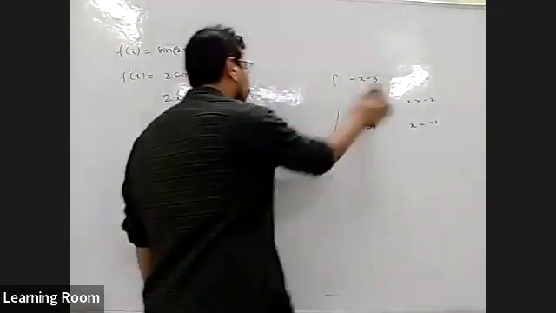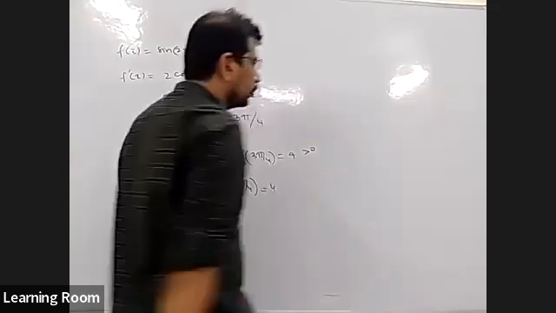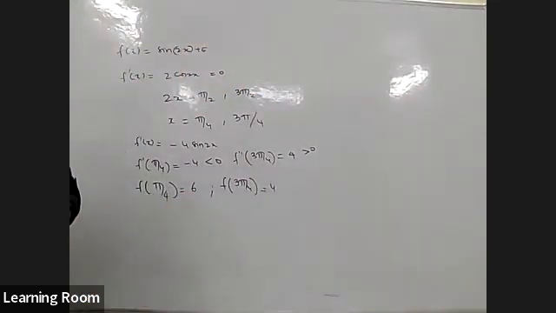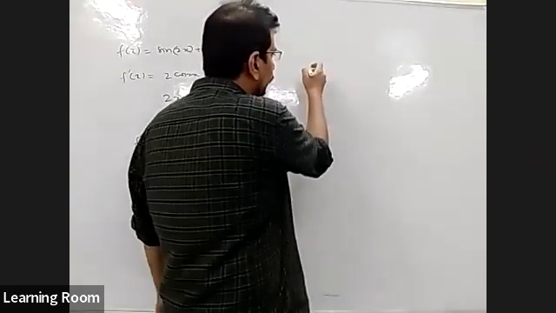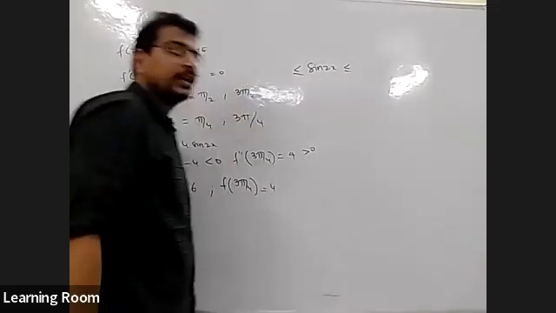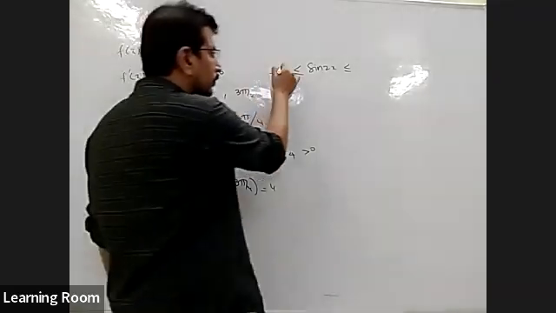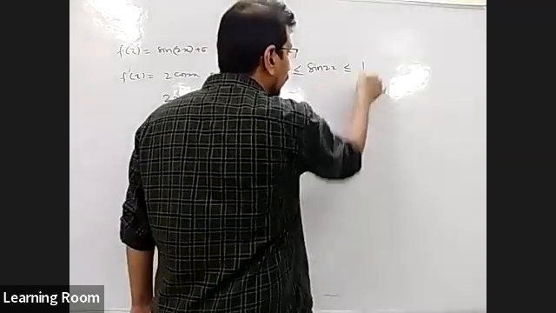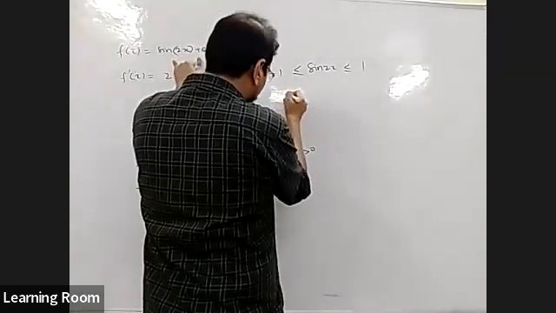I'll just give you some out of the box thinking also. Try to understand this. Sin 2x is less than or equal to something and greater than or equal to something. What is the least value of sin x possible? Minus 1. Greatest value 1. So the question is sin 2x plus 5. Add 5 on both the sides.